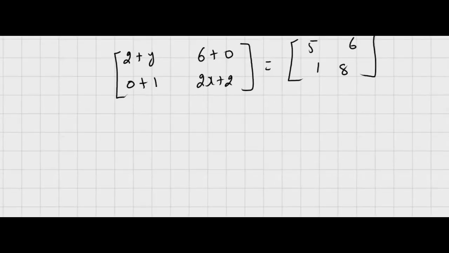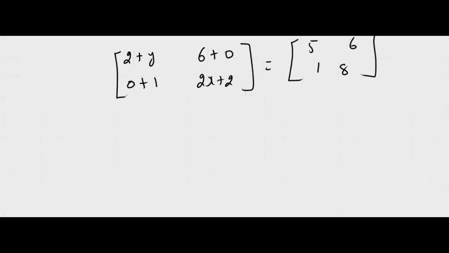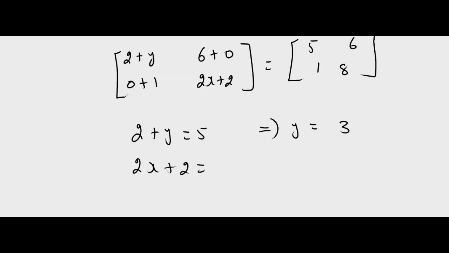Now by equality of matrices, you can equate 2 plus y is equal to 5, which implies y is equal to 3. In the same way, 2x plus 2 is equal to 8, which implies 2x is equal to 6, or x is equal to 3. Therefore, x is equal to 3 and y is equal to 3.